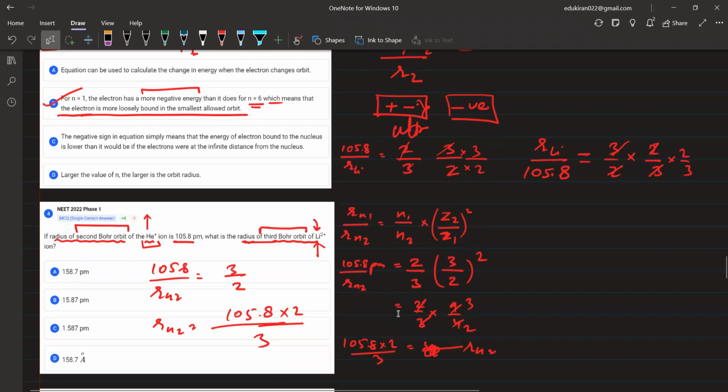Yeah, tell me, Saf, what am I missing here? It should be n1 by n2 whole square, right? Oh yeah, my bad. Sorry. Z का स्क्वायर कर दे रहे हैं हम. ठीक है. So this will be 3 by 2 ना? Yeah, my bad. It will be 3 by 2.